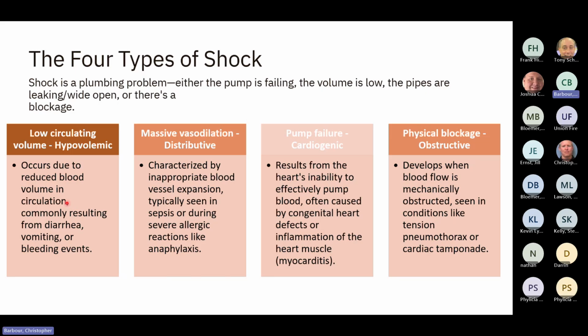So there are 4 types of shock. The one we're probably most familiar with, especially those of us who are older paramedics, is this one. You have your hypovolemic patient. The traditional PALS scenario years ago was a 3-4-year-old who's had nausea, vomiting, diarrhea for 3 days, hasn't been able to eat or drink.